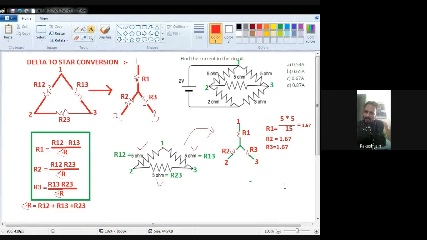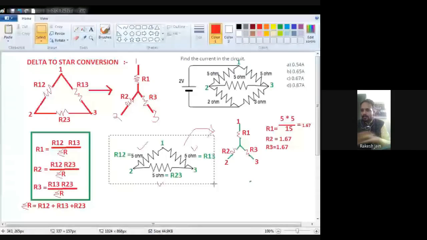First of all, R1 is equal to 1.67, similarly R2 will be 1.67, and definitely R3 will also be 1.67 ohm.